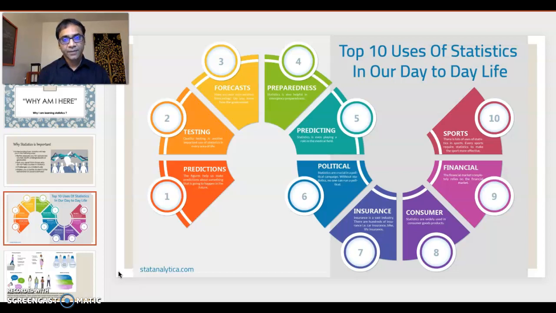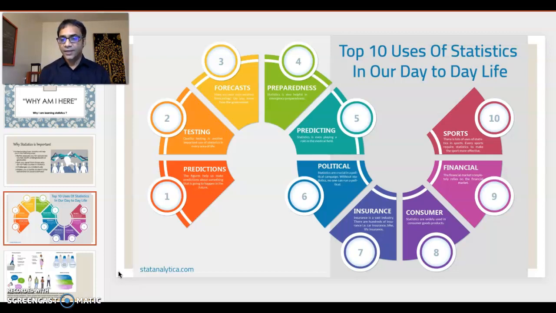It helps in the political field, like statistics being crucial for political campaigns. It is also very important in the insurance field, especially actuarial work or life insurance. And in consumer behavior surveys, we get to know how products are doing, and accordingly you can modify the product.